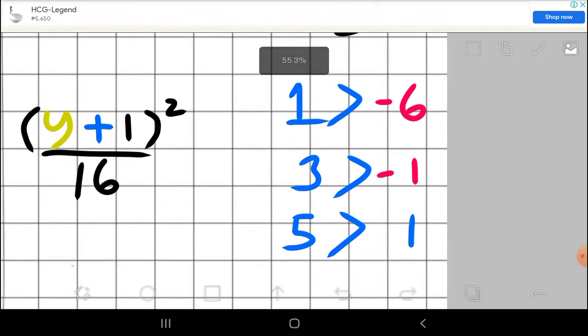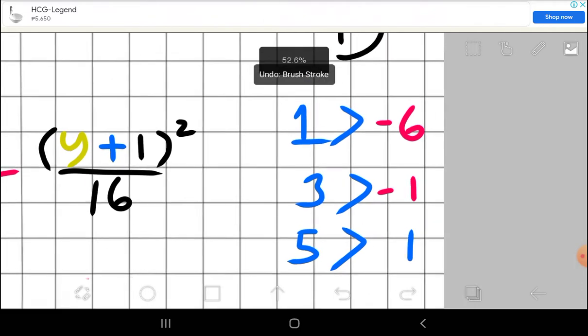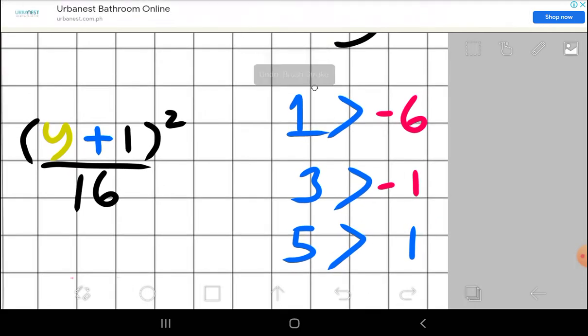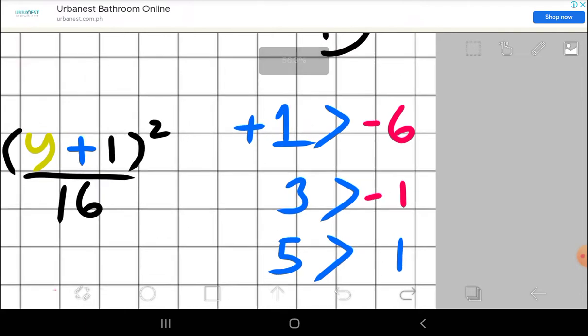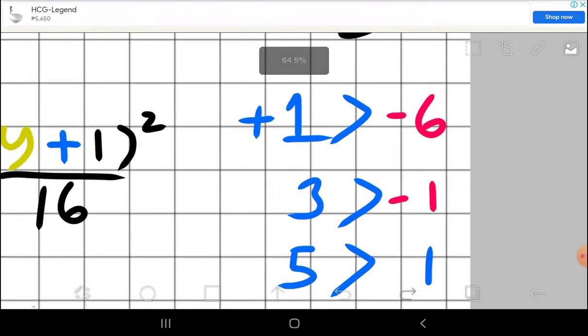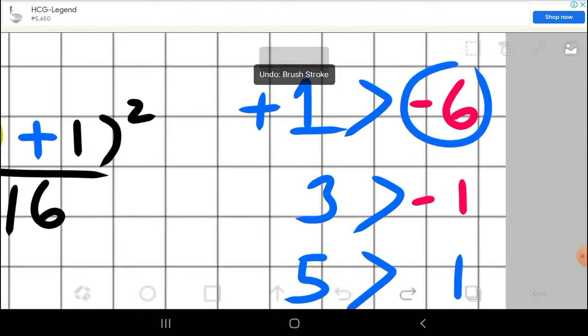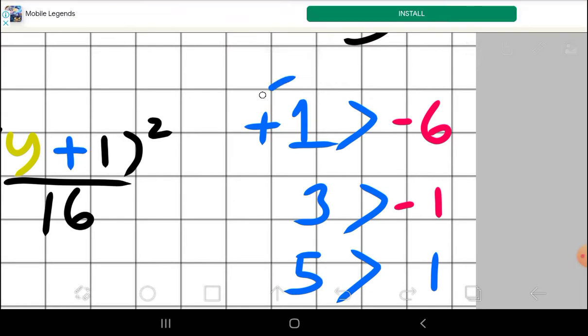So take notes, negative is always lower than positive. So I'll give you an example. 0 is much higher than negative. So this is lower than 0, the negative. And 1 is higher than 0.